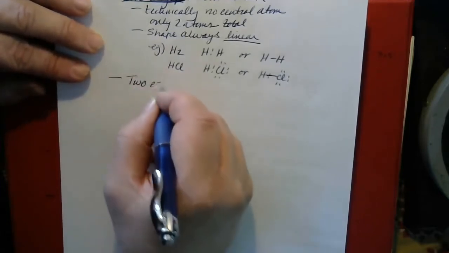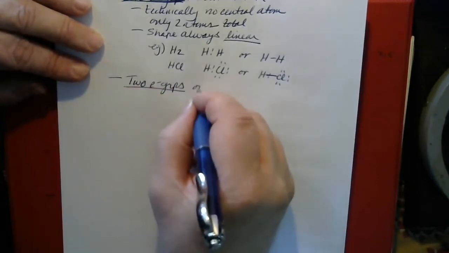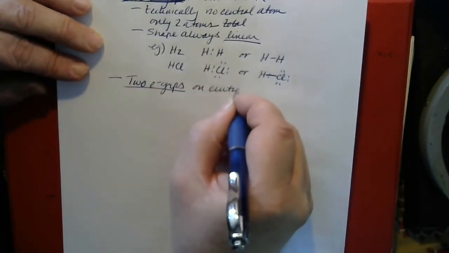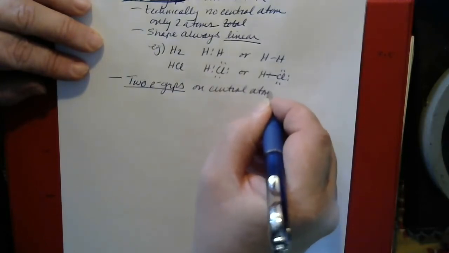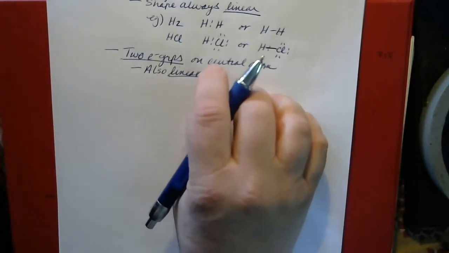2 electron groups on the central atom. Okay, this will also be linear, as long as those 2 electron groups are all you have on the central atom.